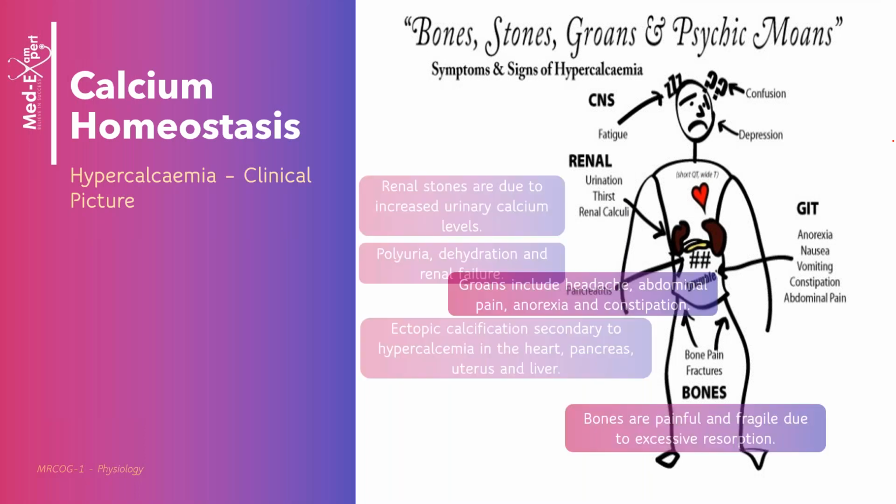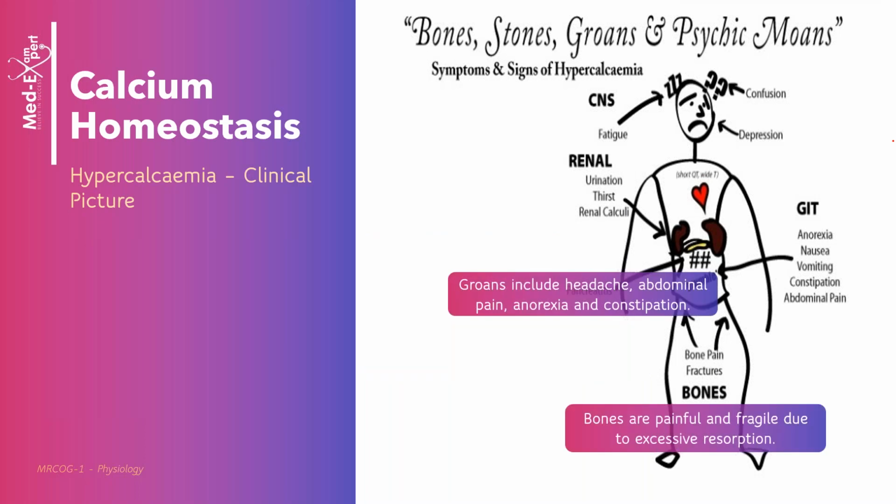Also, we have abdominal pain, anorexia, constipation, and bones are painful and fragile due to excessive bone resorption. So these are the symptoms and signs of hypercalcemia.